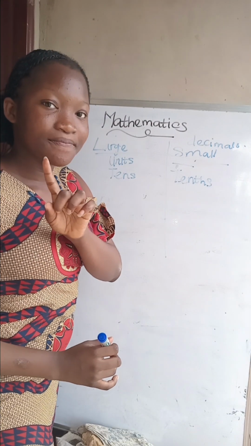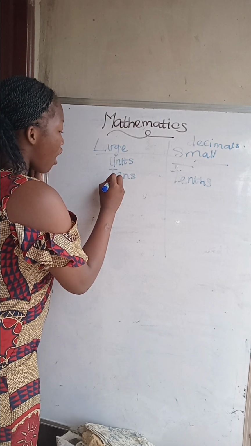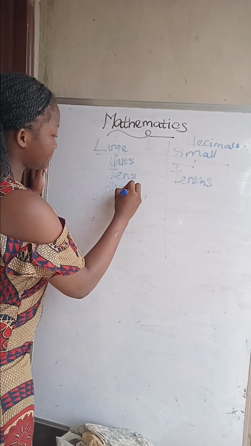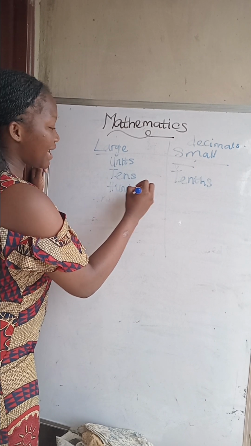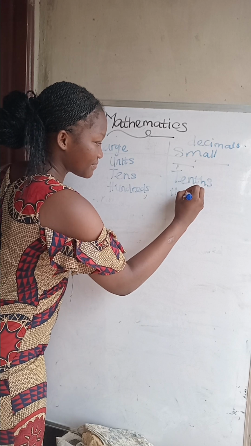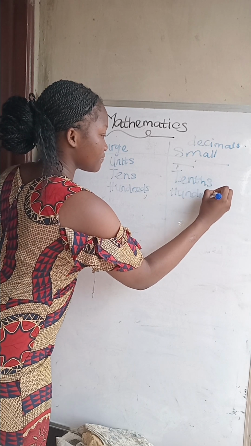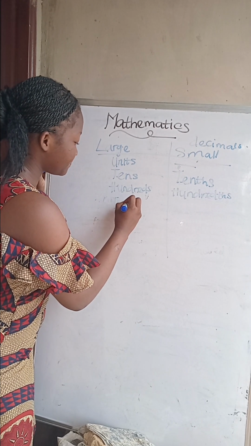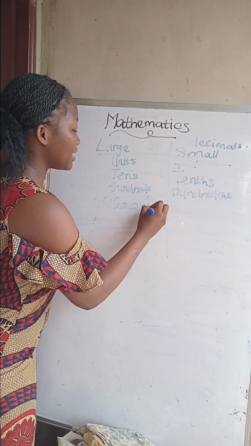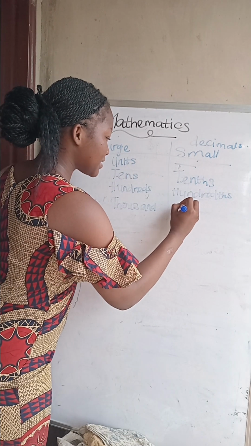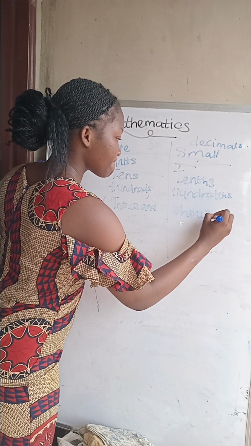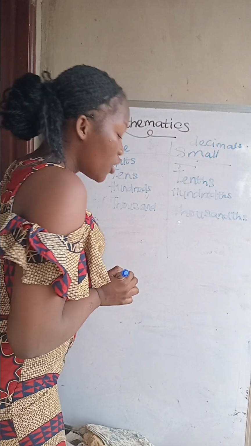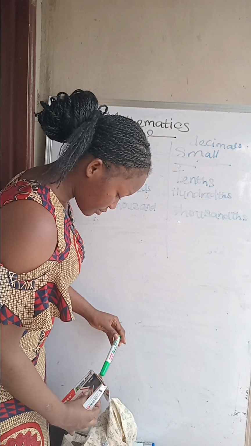We have hundreds in large numbers, hundredths in small numbers. We have thousands in large numbers, thousandths in small numbers. So the thing goes on and on like that.